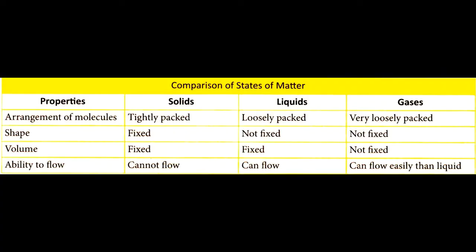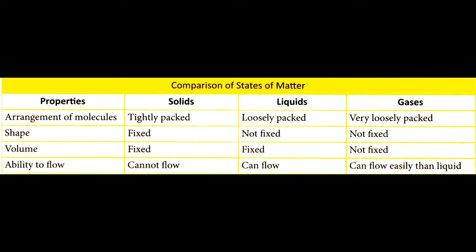Here we have compared the 3 states of matter, solids, liquids and gases, depending on some fundamental properties. The arrangement of molecules: in solids, the molecules are arranged in a very tightly packed way. In liquids, they are loosely packed. And in gases, they are very loosely packed.